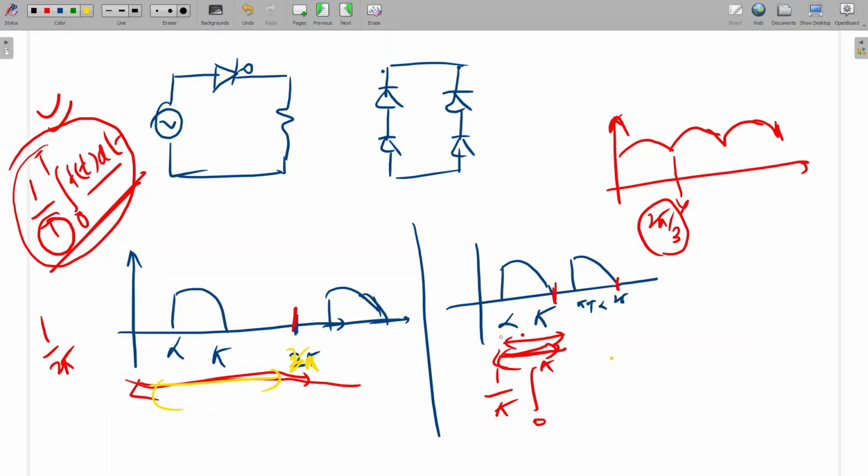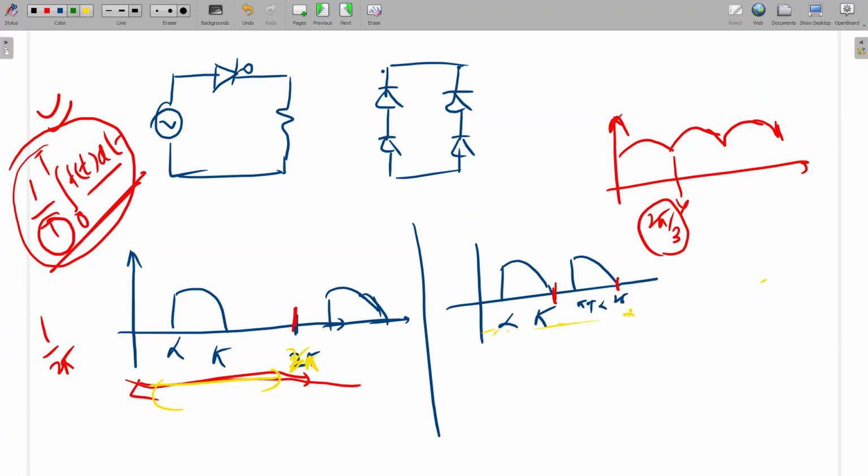If you take 2 pi, then you have to integrate from 0 to 2 pi. If you take the full cycle, you can take that also. Let's say I'm taking 1 by 2 pi, so alpha to pi, I have to integrate one term plus pi plus alpha to 2 pi. Then we'll get the same thing. Is it clear? Okay.